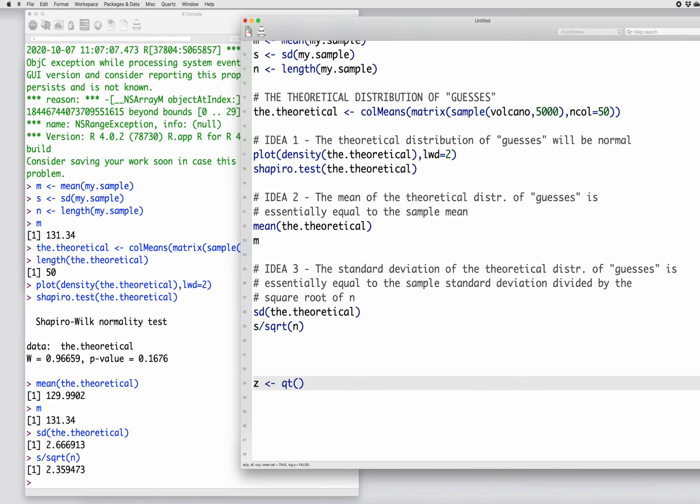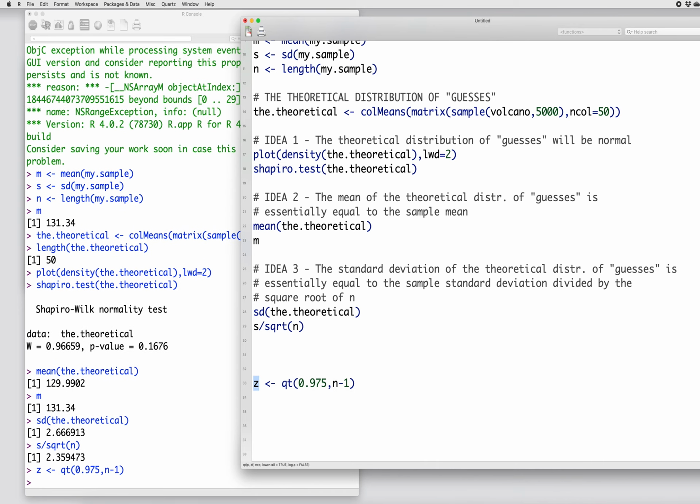For a 95% confidence interval, for the way that R is written, we need to make that 0.975. That 95% confidence means that we have 2.5% of values in the tails. So we are looking for the 97.5th quantile that separates that 2.5% in the tails, with n minus 1 degrees of freedom.